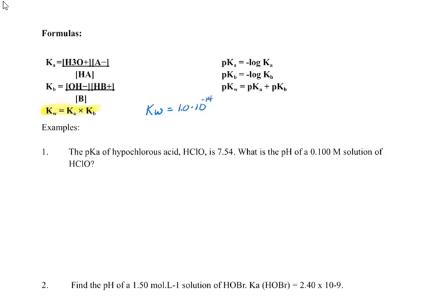So we're still talking about that same Kw, except now it is the equilibrium concentration of your acid times the equilibrium concentration of your base. Okay, then there's a couple extras over here. We're going to start doing pKa, pKb, just like what we do with pH and pOH. Okay, so I'm going to stop there with this video, and then I'm going to do the examples on the next video.